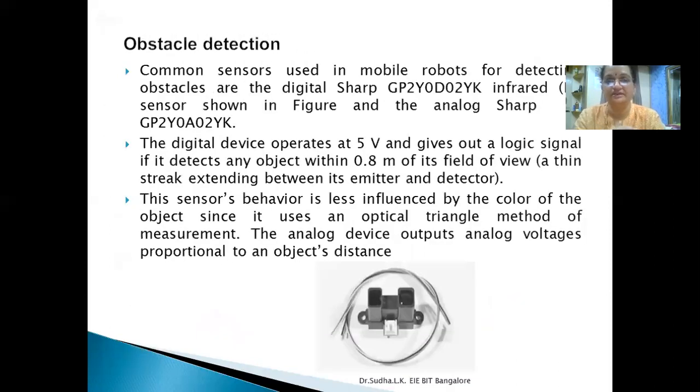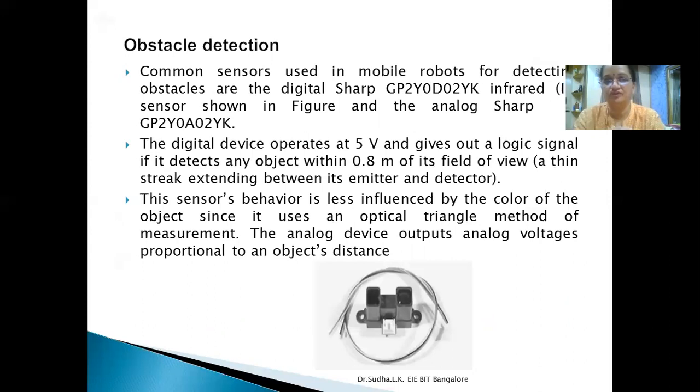Next is obstacle detection. So why are we going for obstacle detection? With these sensors, we place them and sense the signal, with light being passed on to the object. Whenever an obstacle or any object comes in front of the sensor, it will be able to sense your object. It is just like a robot: we place a sensor there, and in front of that we place some object.